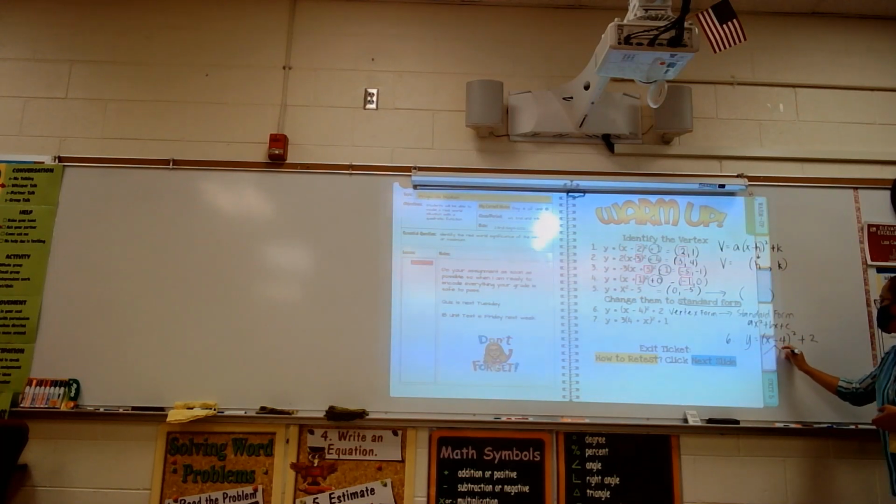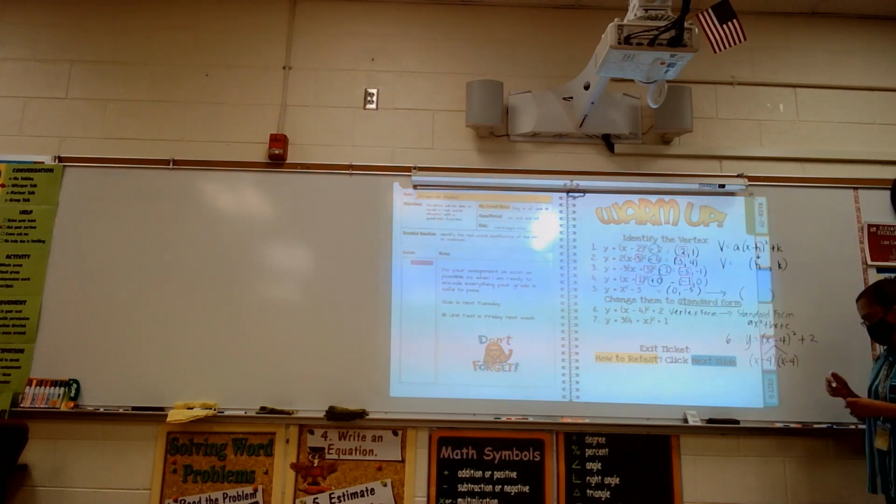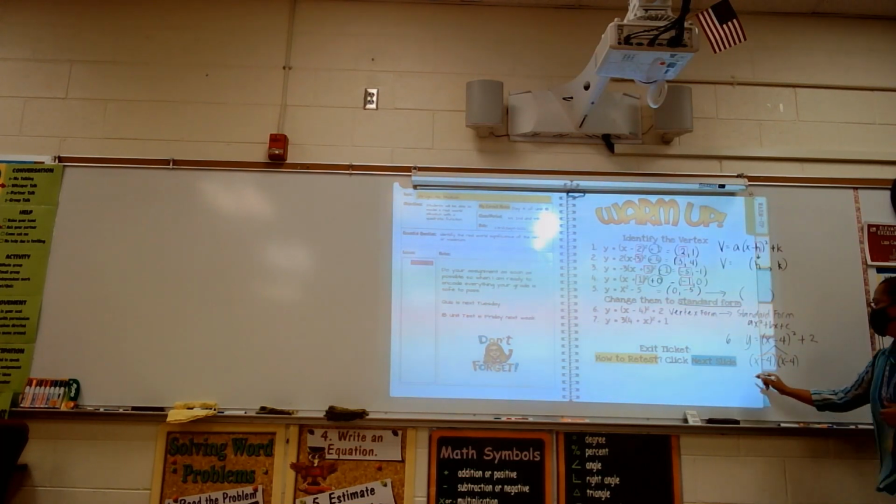I would separate x minus 4 as a binomial because that's what the exponent tells us. You need to multiply it twice. So you will distribute one at a time. x times x, what's x times x? x squared.